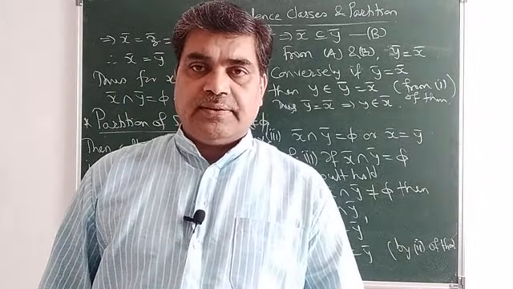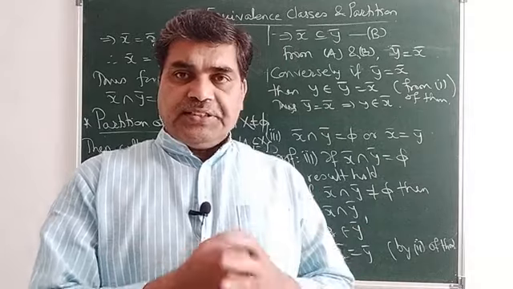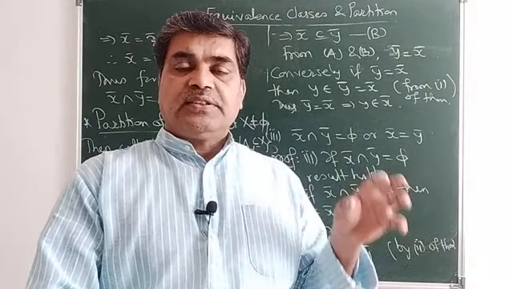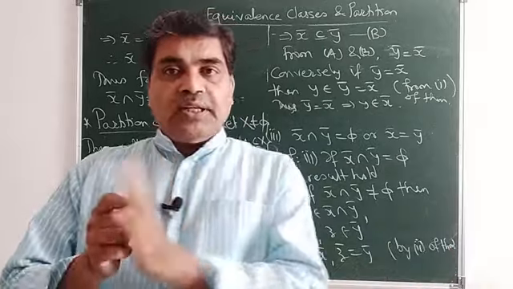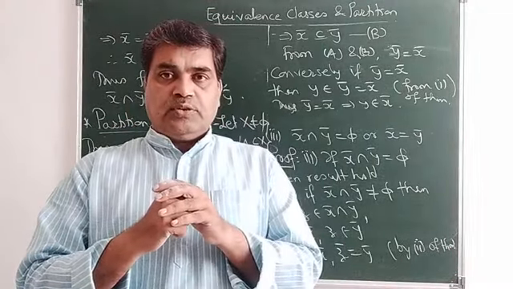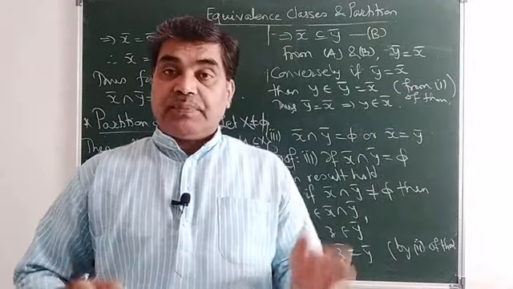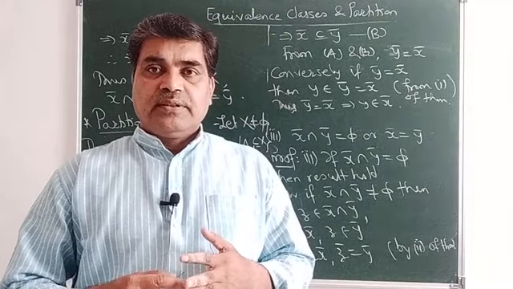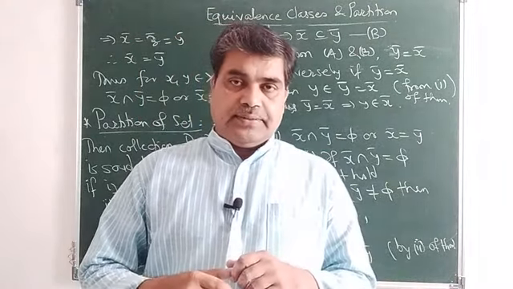Then that collection is called a partition of the set. For example, in the set of integers, if I take the set of all even integers as one set and the set of odd integers as another set, then the union of the two sets gives us the whole set. They are pairwise disjoint. So it forms a partition of that set.